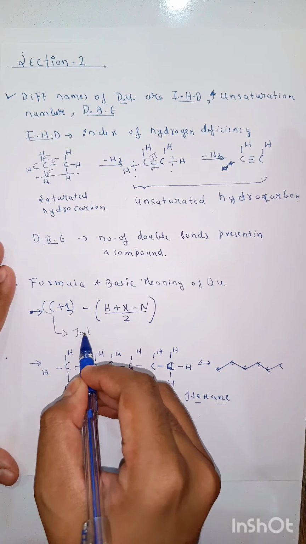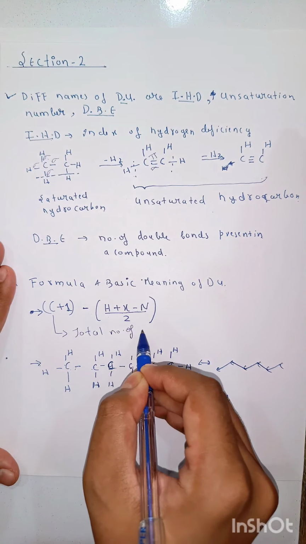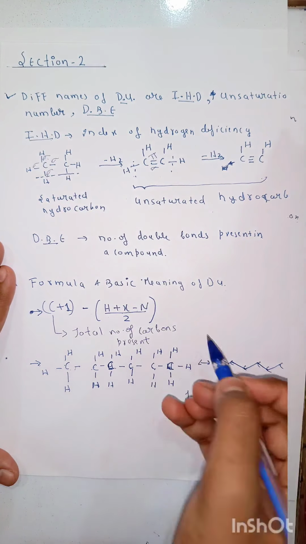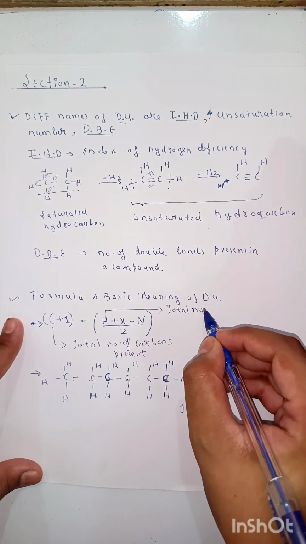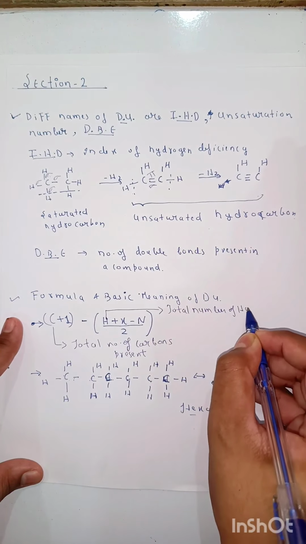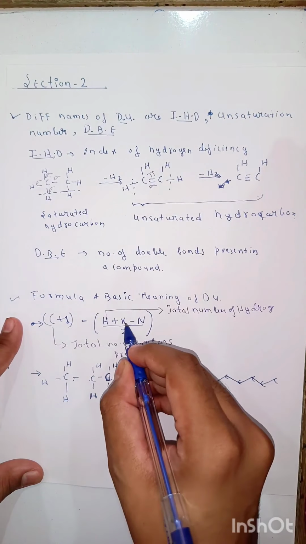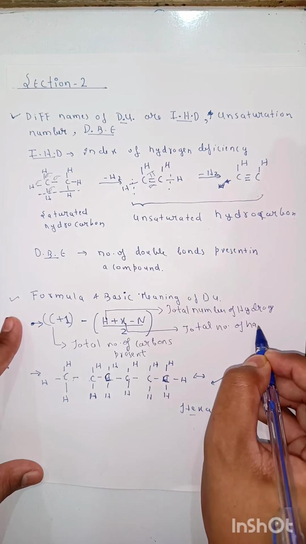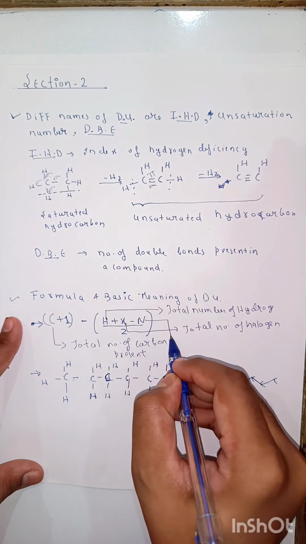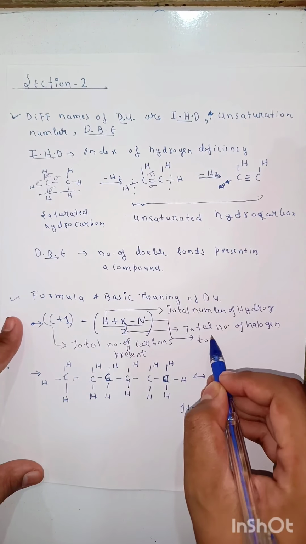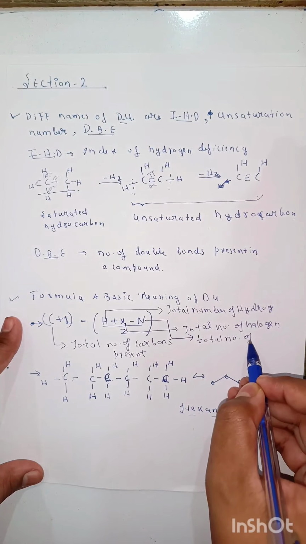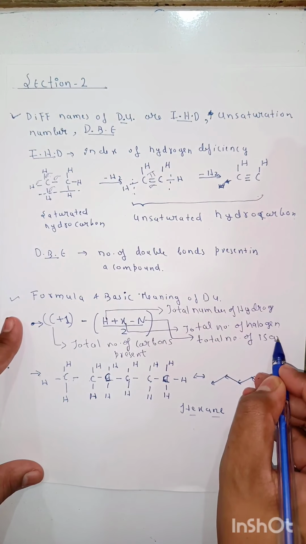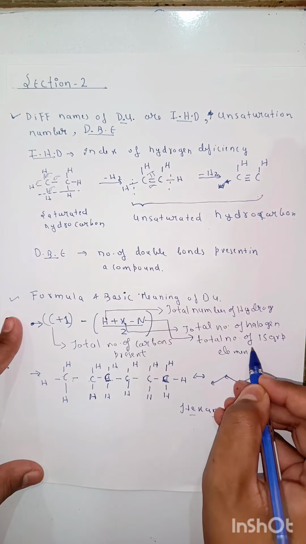C is the total number of carbons present in a compound. H represents the total number of hydrogens present in a compound, X represents the total number of halogens in the compound, and N represents the total number of group 15 elements present.